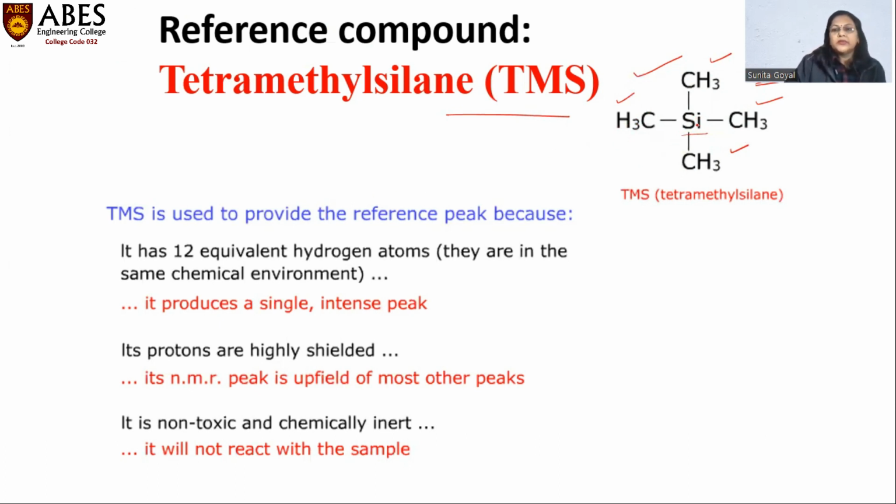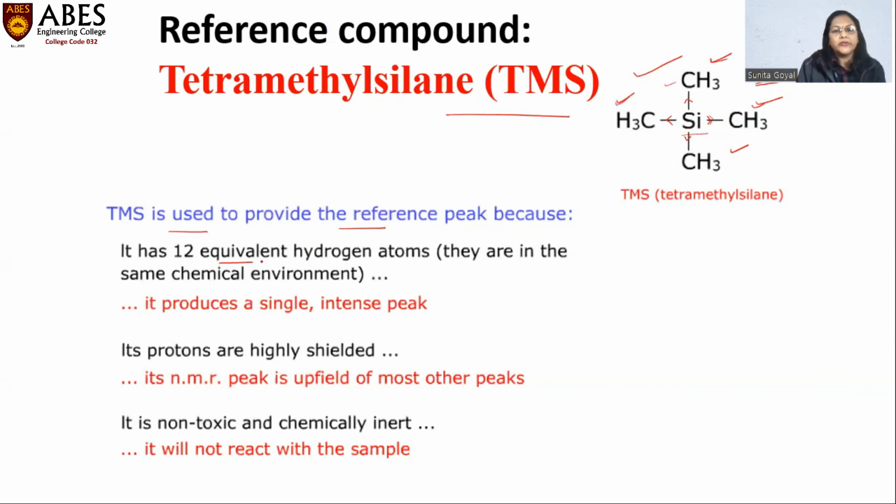Moreover, the silicon atom is more electropositive as compared to carbon. Therefore, it releases electrons towards carbon, towards these methyl groups. Therefore, all the 12 protons are very well shielded protons because the electron density is towards the methyl groups.